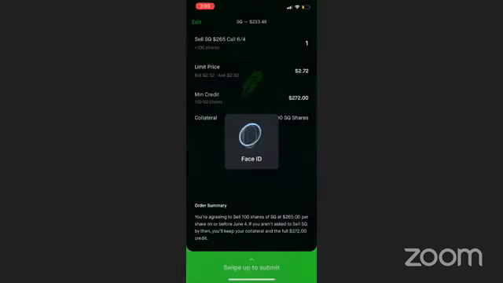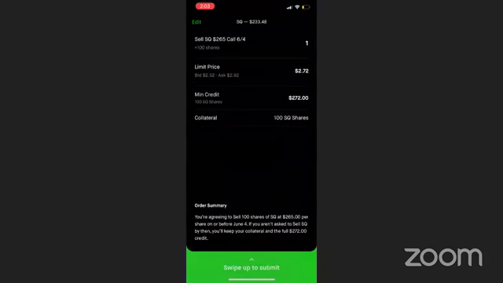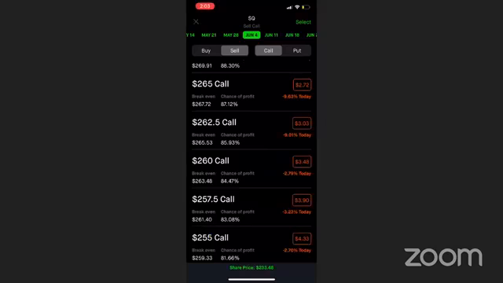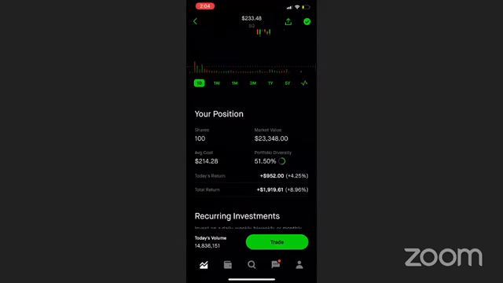So for me, it's free money. It's free lunch, right? You're willing to pay me $272 right now to come back and buy Square off me for $265 a share. But let's say they do buy for $265. I only paid $215. I paid less than $215. So the difference between $265 and $215 is $50 on 100 shares.